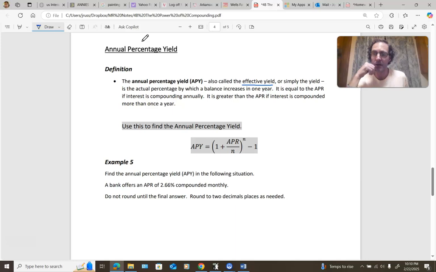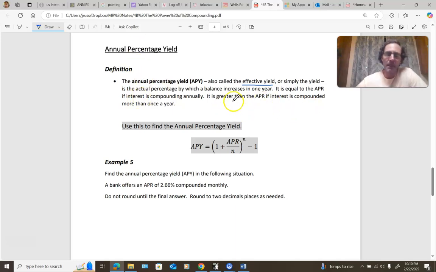But if interest is compounded more than once a year, like monthly or daily, then the APR is not the same as the APY. The APY is a little bit higher, because you have several compounding periods within that year. So any interest earned ends up earning its own interest, which makes the annual percentage yield a little bit higher.